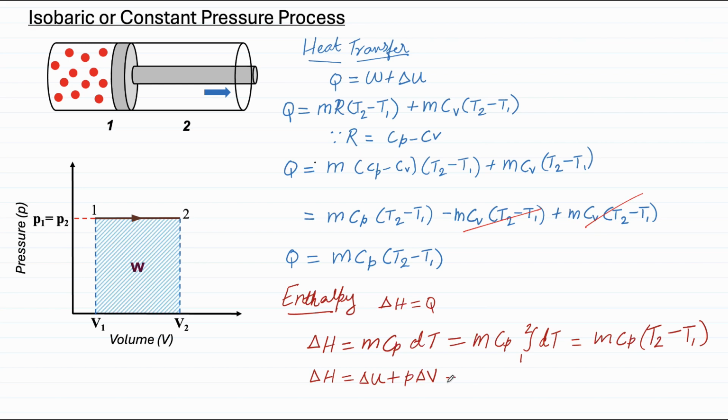And if we substitute the work done, this expression is going to become Q plus pressure volume minus pressure volume. So therefore, the change in enthalpy is going to be equal to the heat transfer.